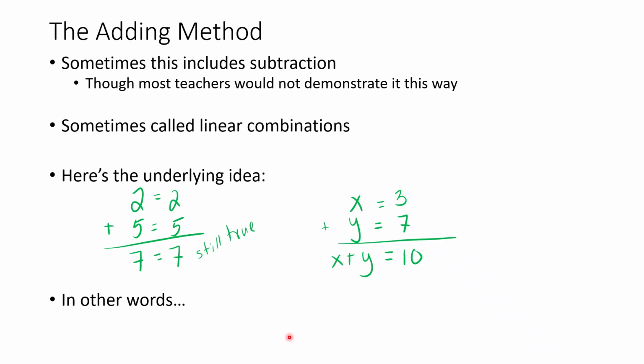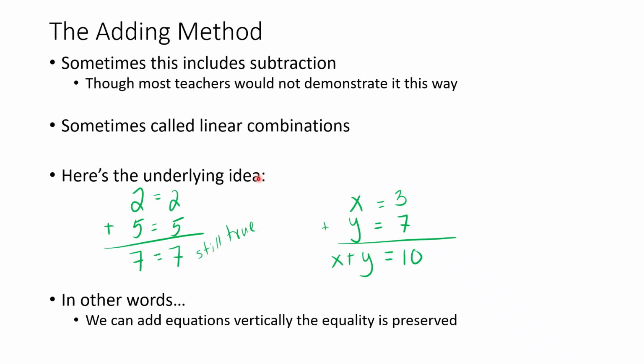So if x is equal to 3 and y is equal to 7, then x plus y would have to be equal to 10. Both of those examples are probably pretty self-evident, but they get at the underlying idea. In other words, we can add equations vertically and the equality is preserved. And so that's the idea behind it.